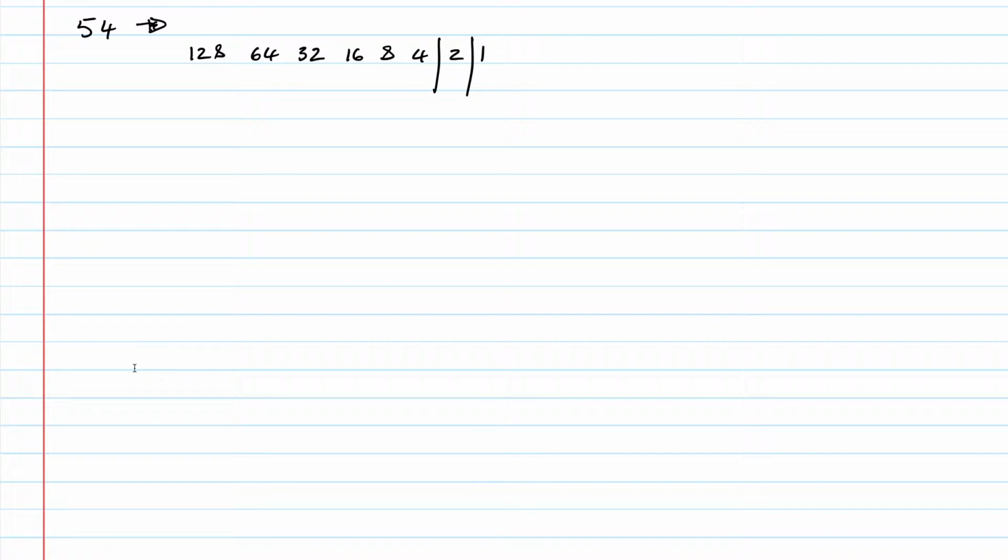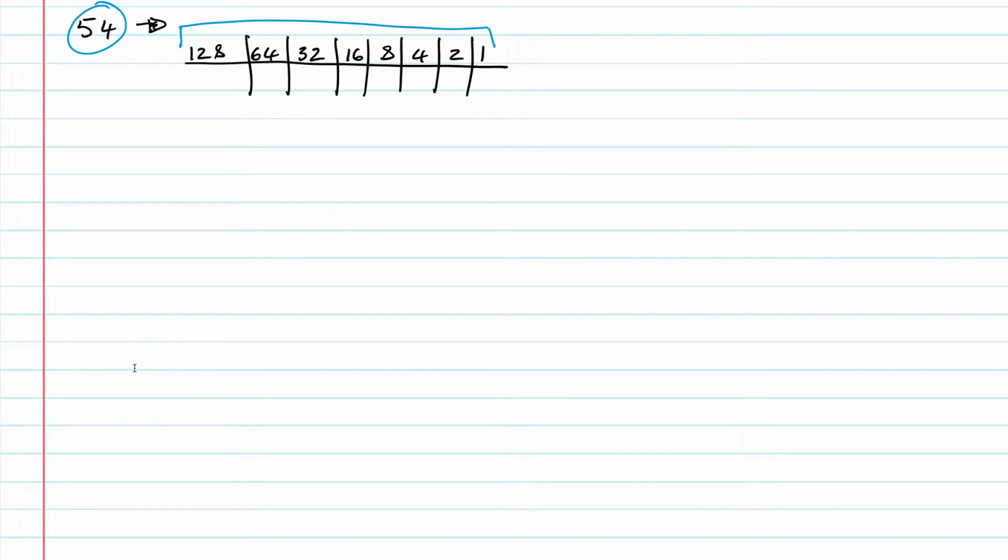And then I'm just going to draw the table in like I've just done. Okay, so what you need to do is look at this and say, right, 54, how am I going to make this number up using only these numbers that I've got? Fortunately, it's quite easy.